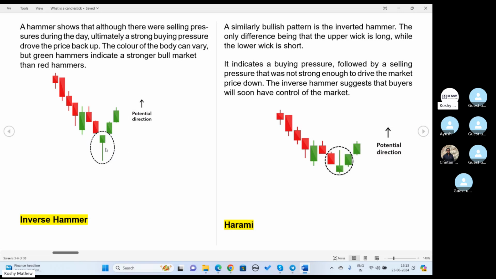Sometimes after this hammer, there could be another red candle, or one more red candle, and only then it may go up. But you need to understand that after a big fall, if you see a hammer candle like this, the reversal is imminent. Definitely it is going to happen.